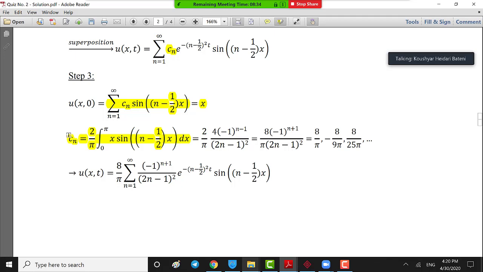Yes. Now the difficult part in this question, the most difficult part is to actually calculate this integral. But it is not that difficult. You have to do integration by parts, which you are perfectly able to.